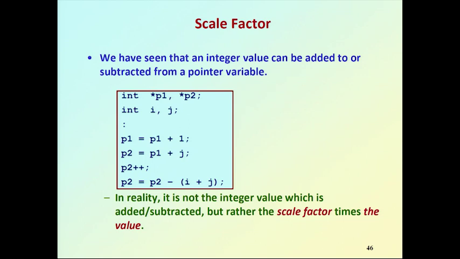It depends on the data type, on the number of bytes for that data type. So 1 means 4 bytes will be added, or 4j bytes, like that.